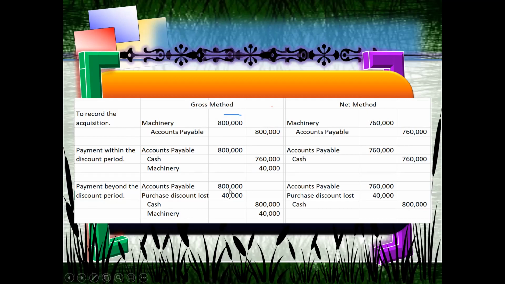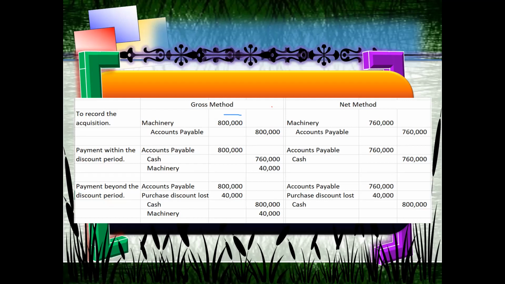Debit tayo ng accounts payable, 800,000. Tapos, since hindi tayo nag-avail ng discount, magde-debit tayo ng purchase discount loss na 40,000. And then, credit tayo ng cash na 800,000 kasi yun yung mga amount na ating kinash out. Tapos machinery na 40,000 pa rin credit. So that represents your cash discount na hindi mo inavail.